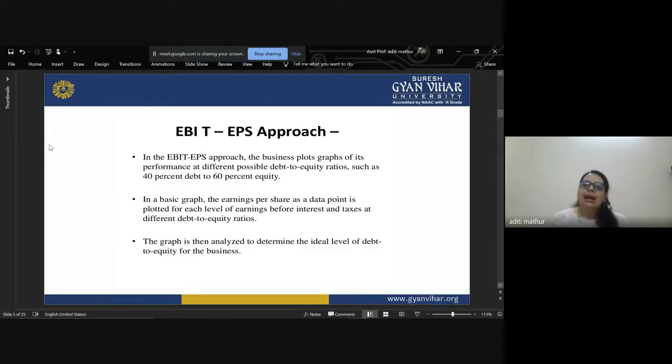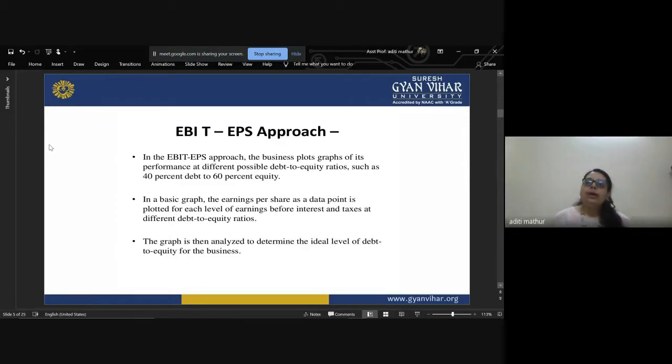In the basic graph, the EPS is plotted at each level of earnings before interest and taxes for the different ratios. So the first step is to identify the different ratios, and the second is to calculate the EPS associated with those ratios. This graph or tabular representation then helps you determine the ideal level of debt to equity for a business at which you have the maximum EPS.